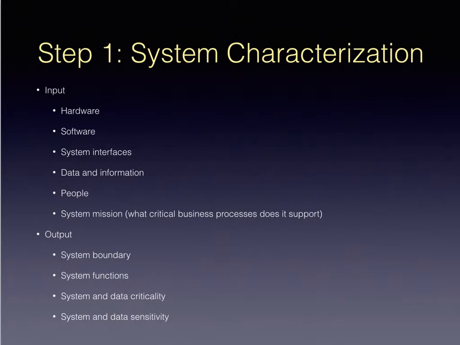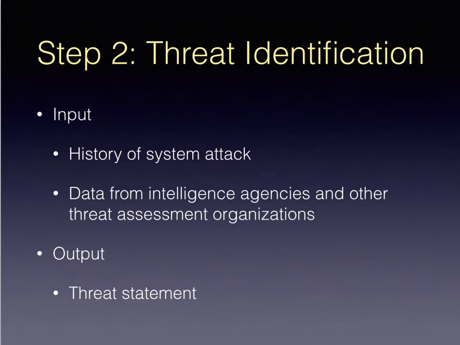System functions, system and data criticality, and this requires classifying data, and system and data sensitivity. Again, it requires classifying data. Data is classified based on its need for confidentiality and integrity, but it's also classified based on how critical it is to ongoing business operation.